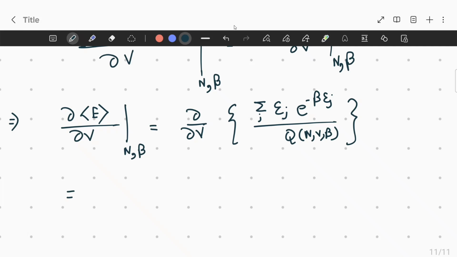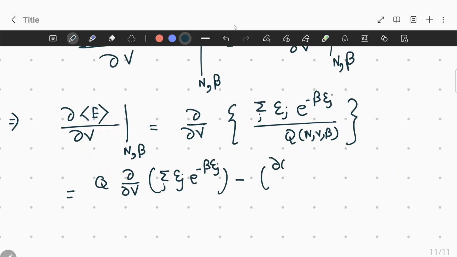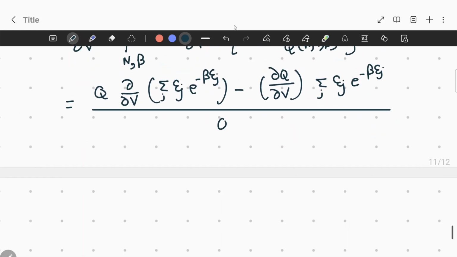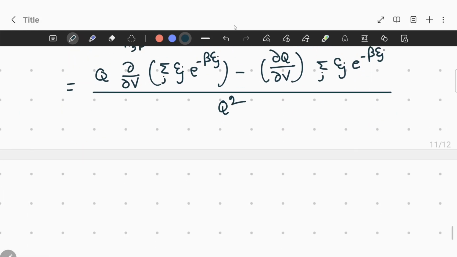Okay. So now it is just the u by v rule that will apply. So do it term by term.